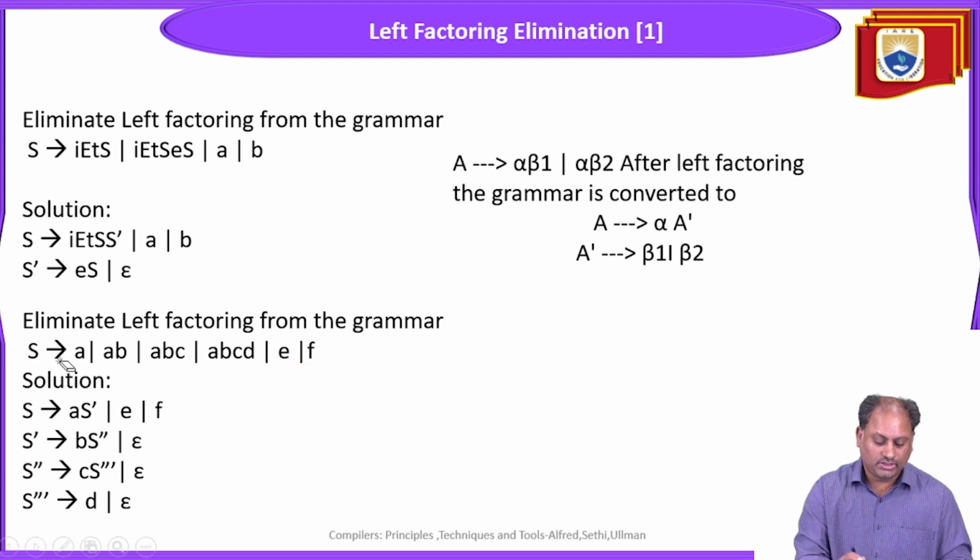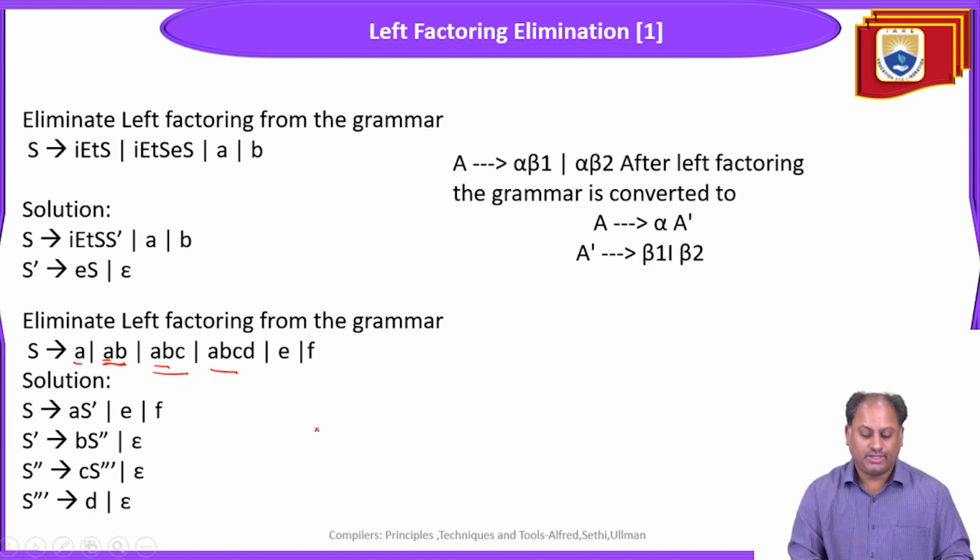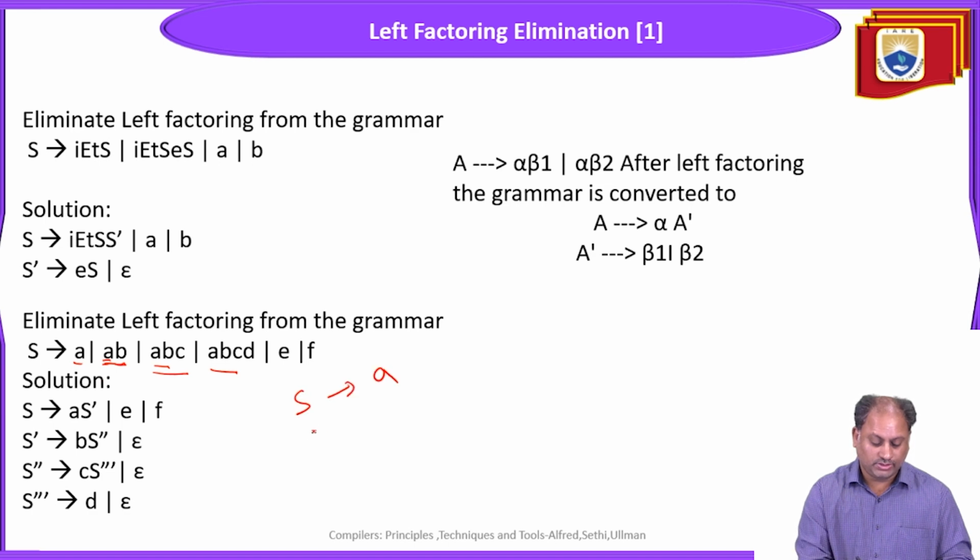So in this one, we can easily observe that left factoring exists with the combination of small a for these cases, ab for these cases, and abc for these three cases. So small a, ab for the two cases, abc.